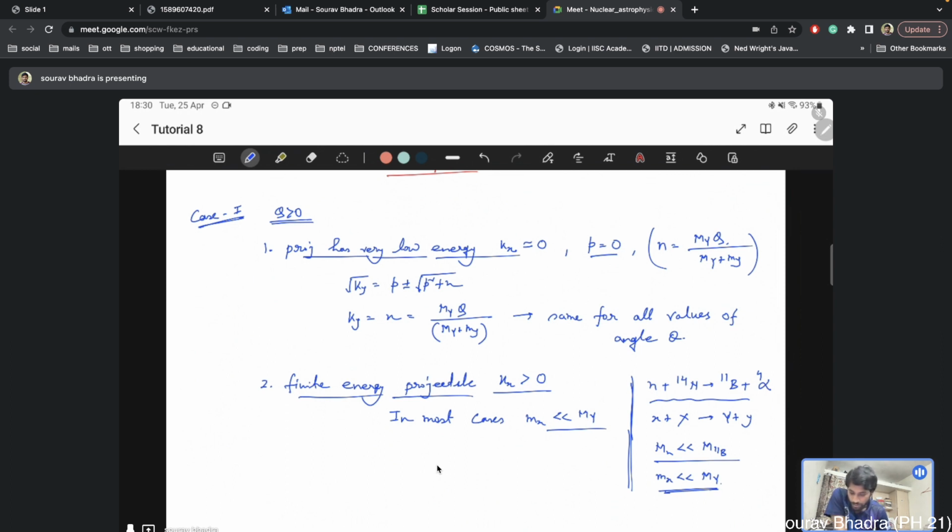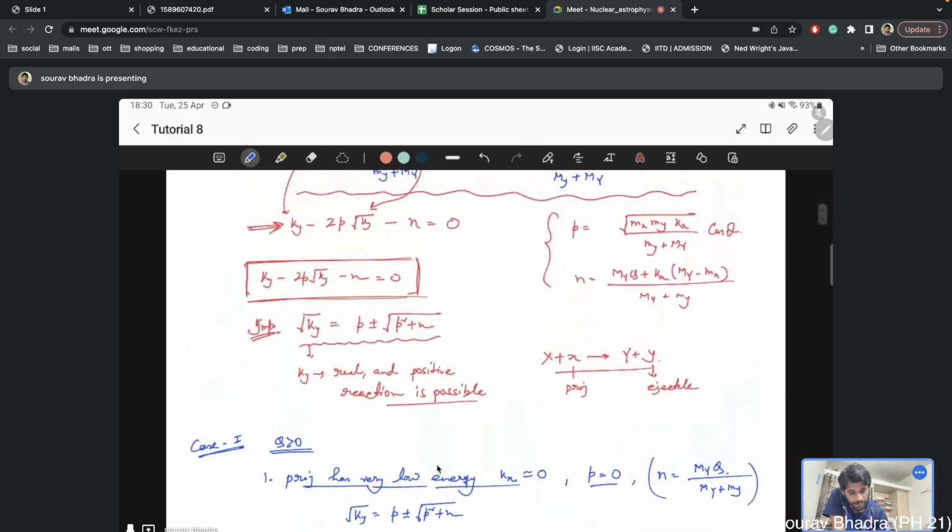Under this condition, just try to remember p and n. It is very useful if you can remember the p expression, the n expression, and the equation root over ky equals p plus minus root of p square plus n. It will be very beneficial.